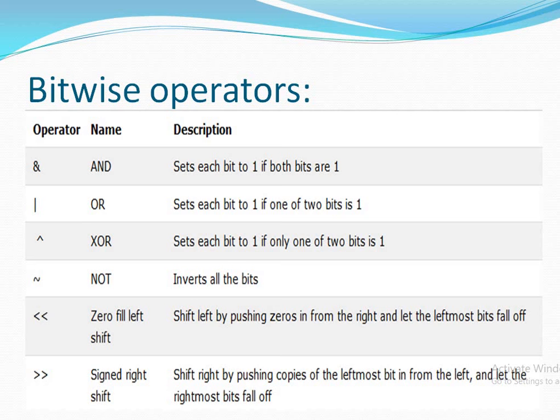Next is zero fill left shift. Left shift means each of the bits will be shifted to the left-hand side by one bit, and the last bit on the right-hand side will be filled up by a 0.